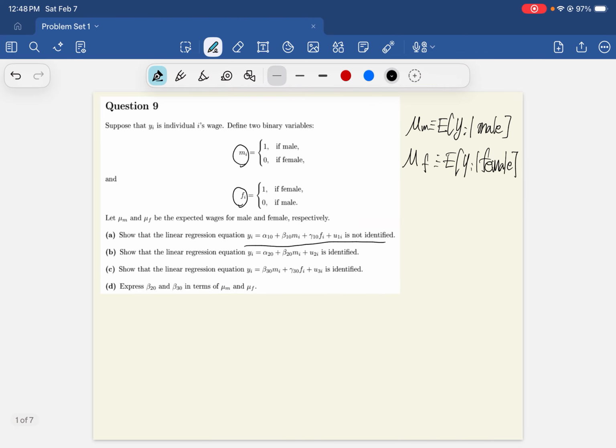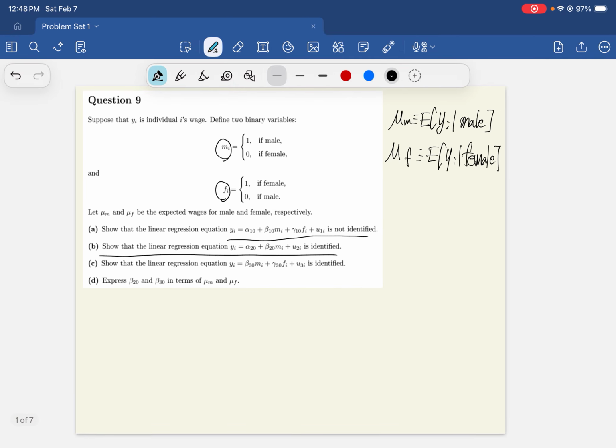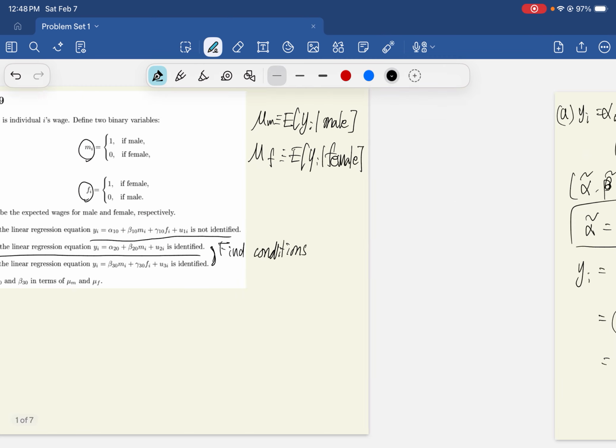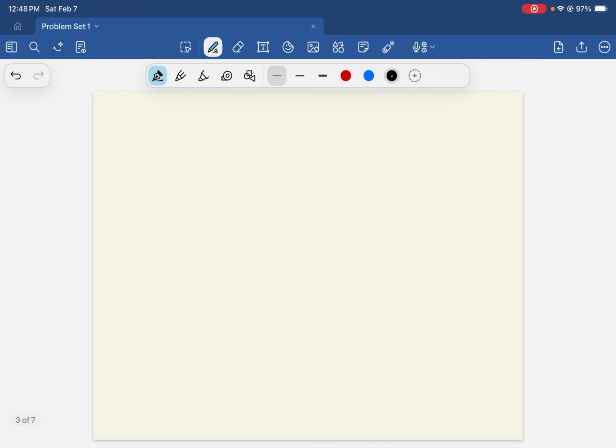Okay, then what is the next question? Show that this is identified. To be more exact, I have to find conditions. So for these two cases, find conditions for identification.